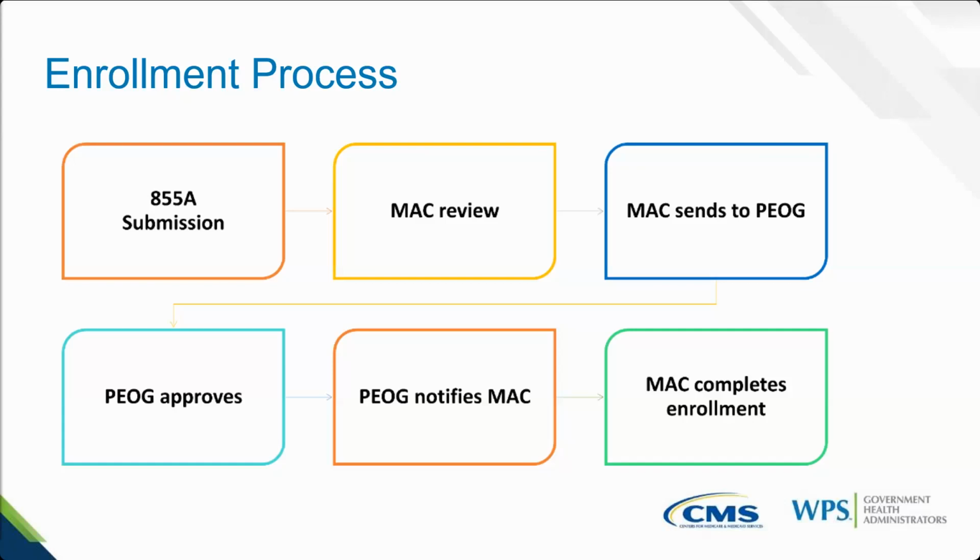Something to be aware of is if there is development, that application will not move on to the next step, which is referring it to the Provider Enrollment Operations Group. That's CMS. So we will do all of our screening, our review, our verification process, and our development, including getting all of that information in before we will move that on and recommend for approval to the Provider Enrollment Operations Group.